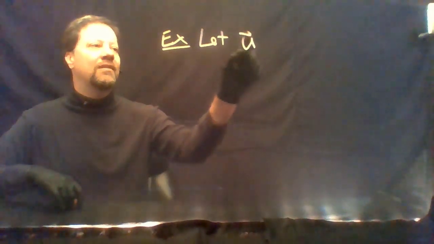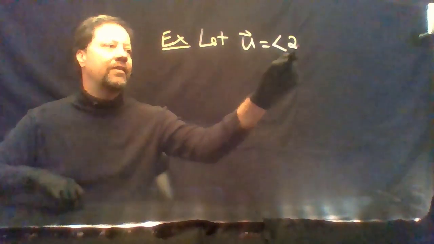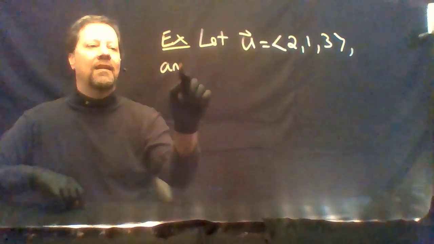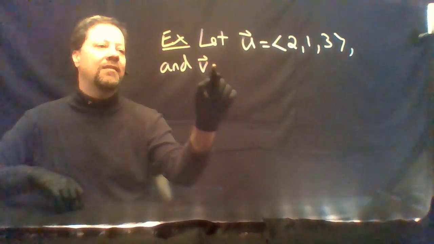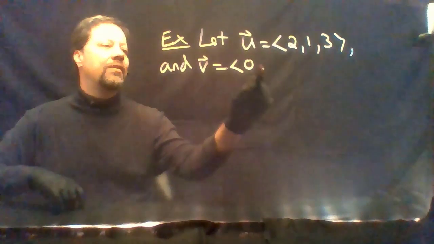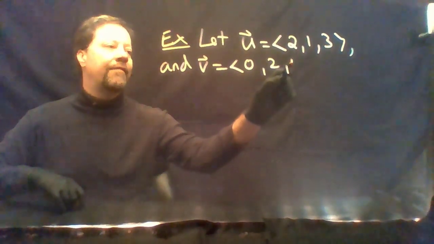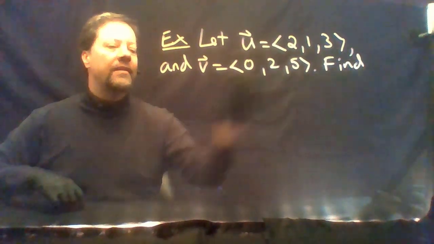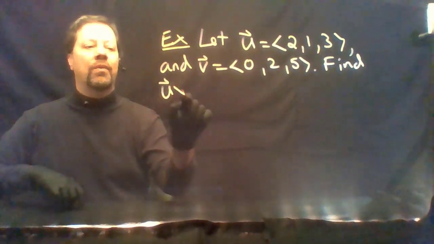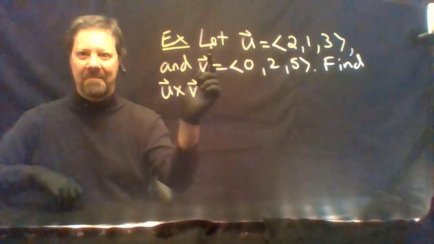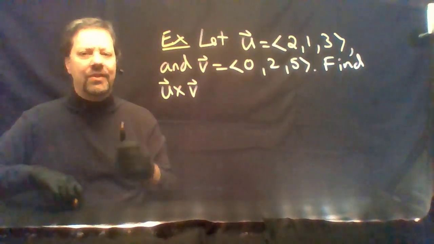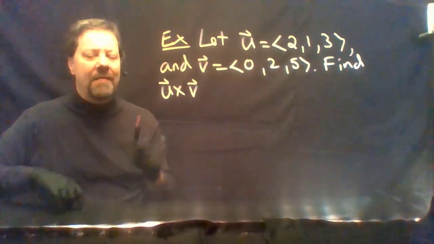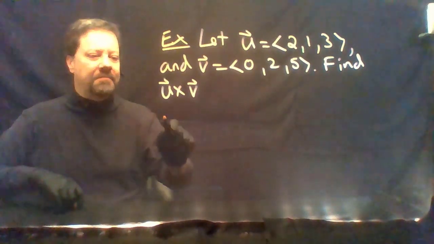Let u be the vector 2, 1, 3, and v be the vector 0, 2, 5. I want to find u cross v. We'll do this kind of a slow way the first time around, but then I'll go and show you how to do this very easily.